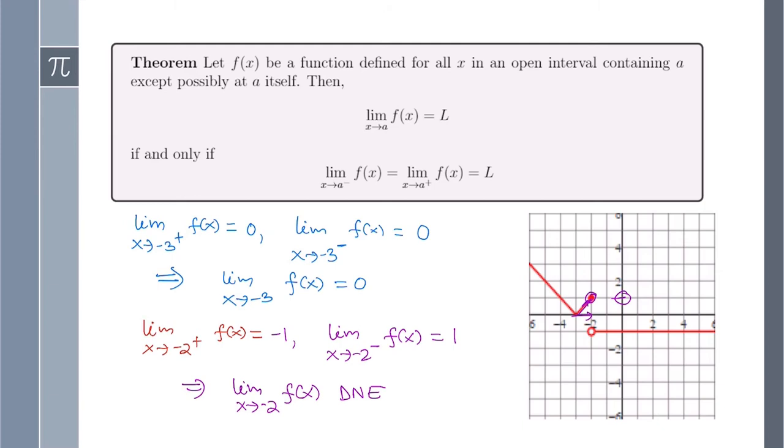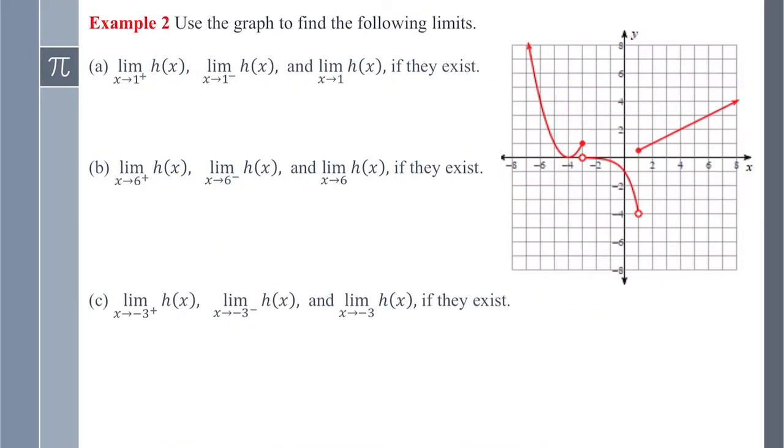So let's look at some examples here. Let's use this graph. The first one says the limit as x approaches 1 from the right of f of x equals what? Let's find this limit. 1 is right here. When x approaches 1 from the right, the function is approaching this value, which looks like 1/2.